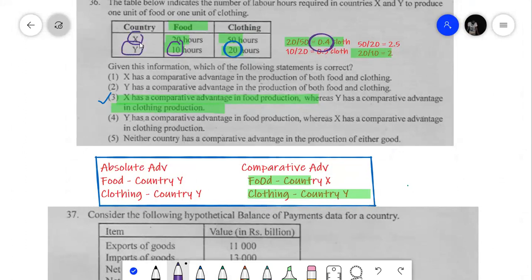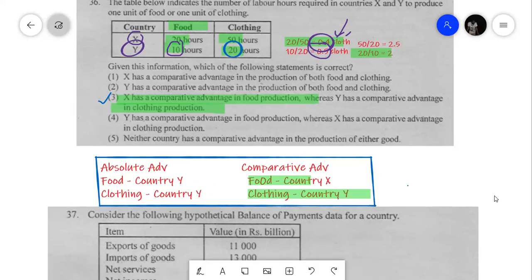Country Y, to produce 1 unit of food, their opportunity cost is 0.5 units of cloth. So country X has the lower opportunity cost. So country X has the advantage for food. They're giving up 0.4 cloth. Don't confuse this with cloth. So for food, they have to give up only 0.4 cloth. That's how that comes.